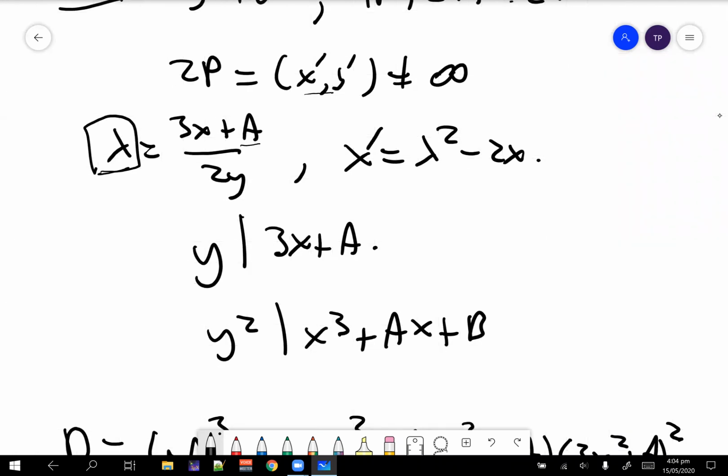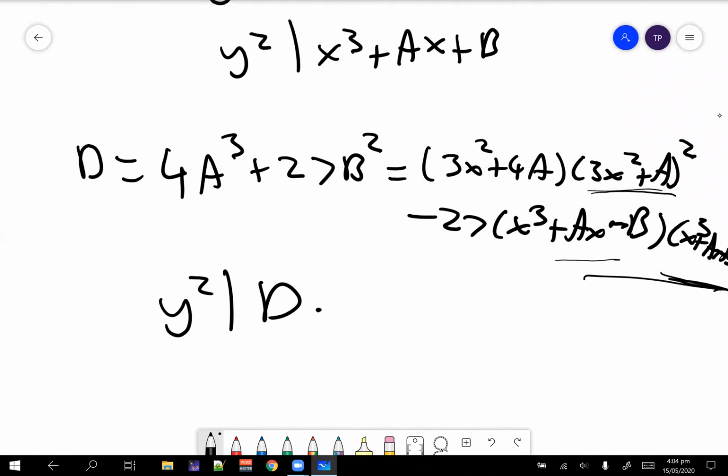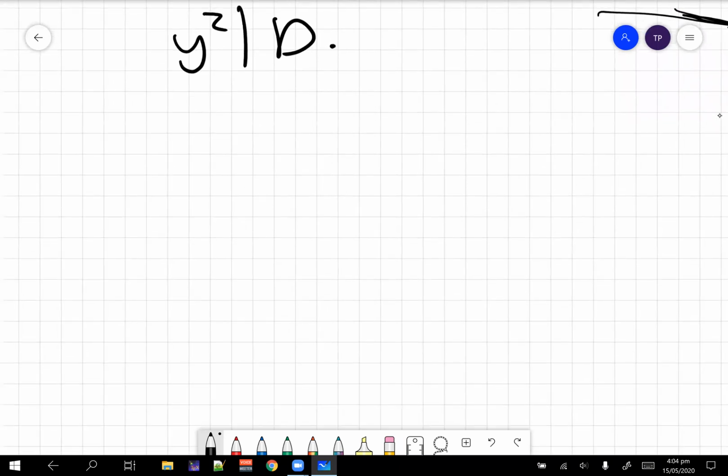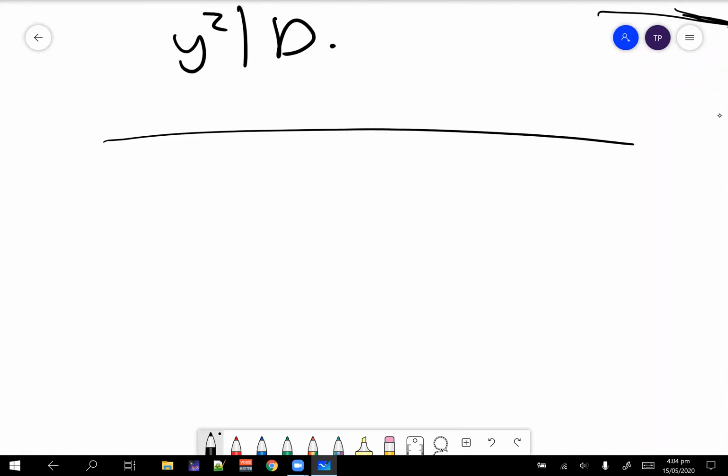So that's the proof. I had a quick afterword as well. There's a deep theorem by Mazur, I think, that says that the order of finite rational points of an elliptic curve is at most 12. So it can be any number between 1 and 12, but it can't be 11.